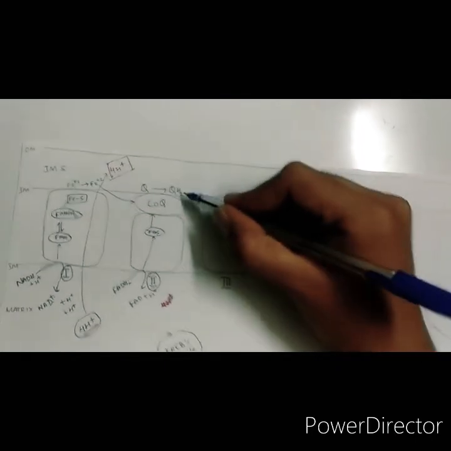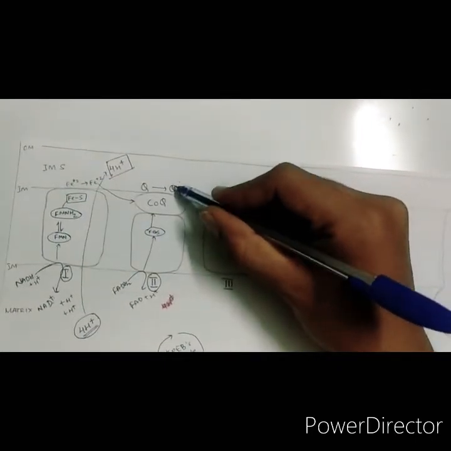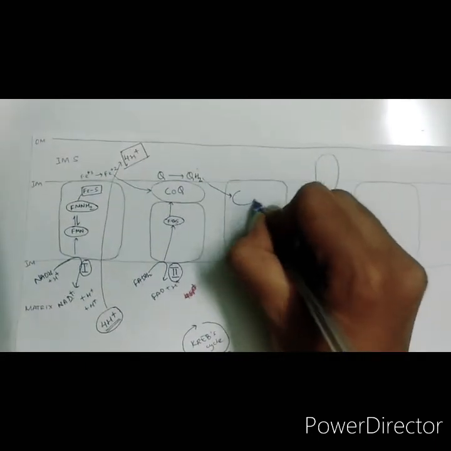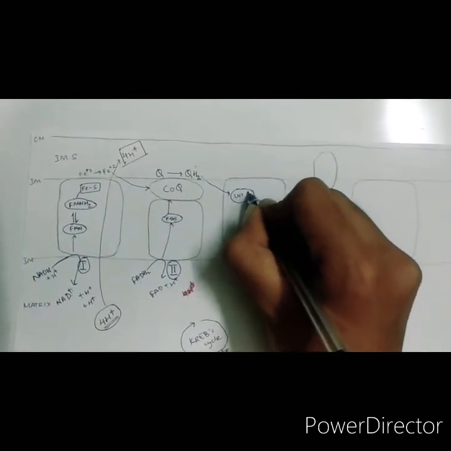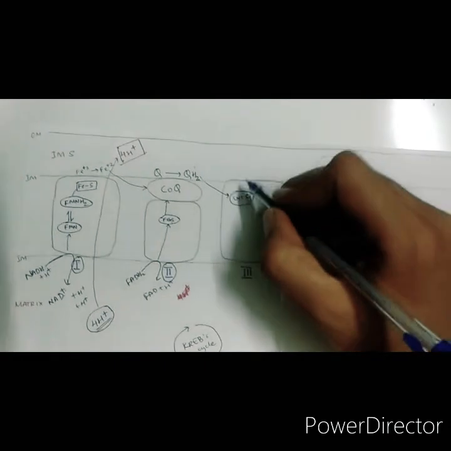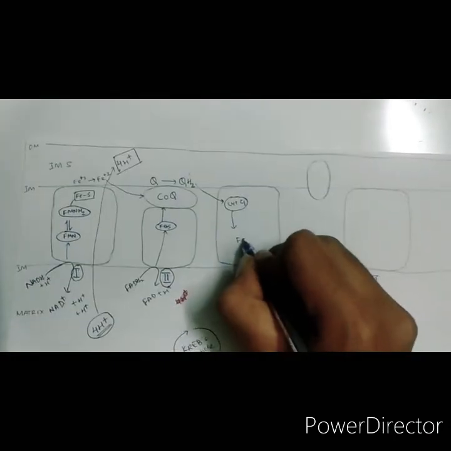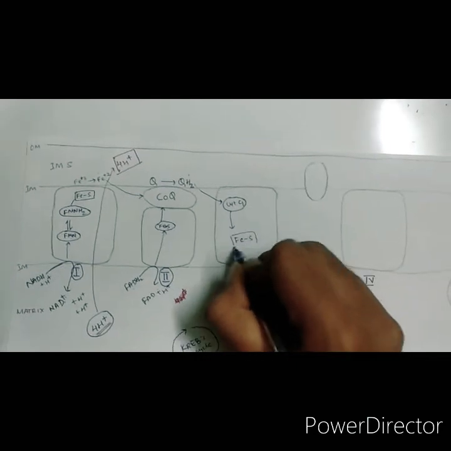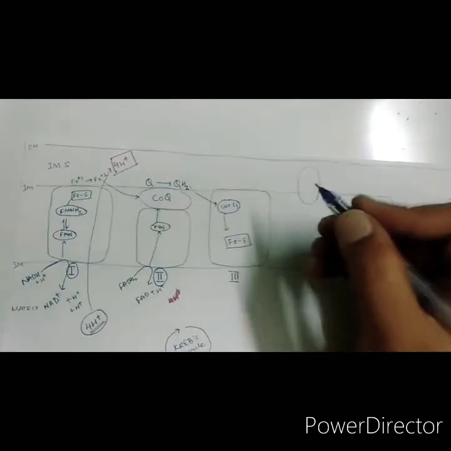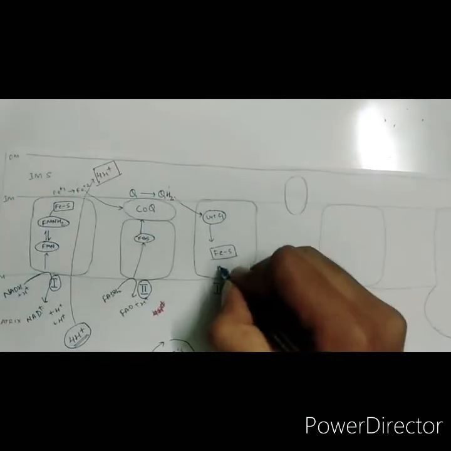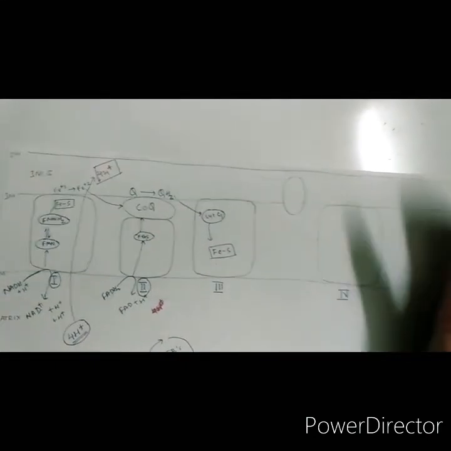First, whatever electrons are transferred from coenzyme QH2 are first received by cytochrome C1. Now this cytochrome C1 donates its electrons to iron sulfur proteins. These iron sulfur proteins exist as Fe plus 3 and Fe plus 2, depending on whether they accept or donate the electrons.